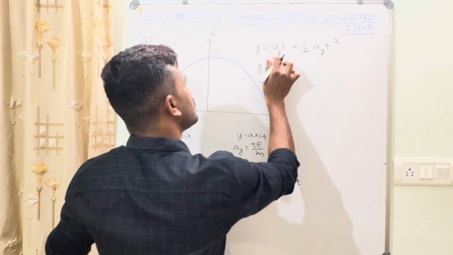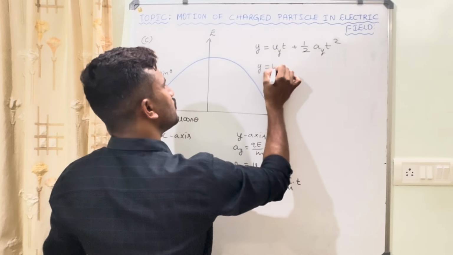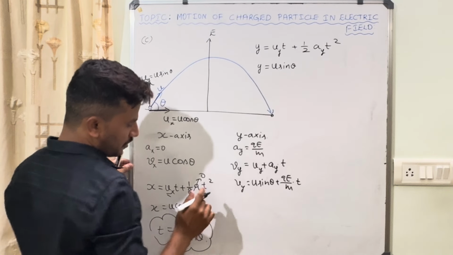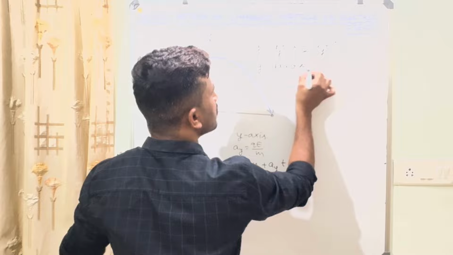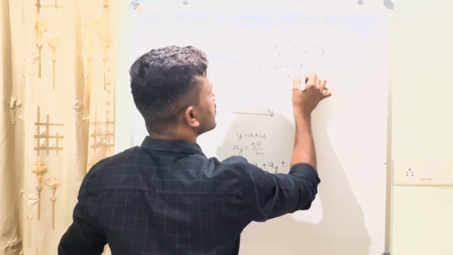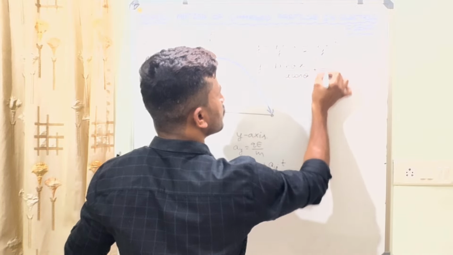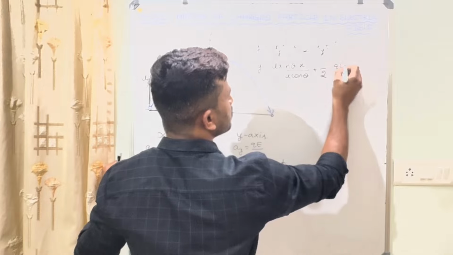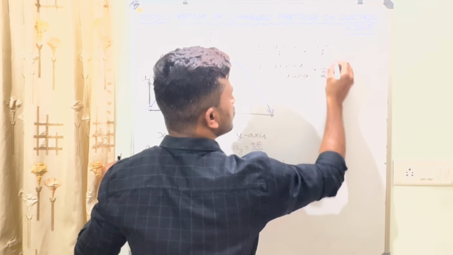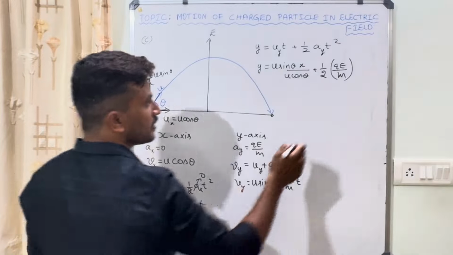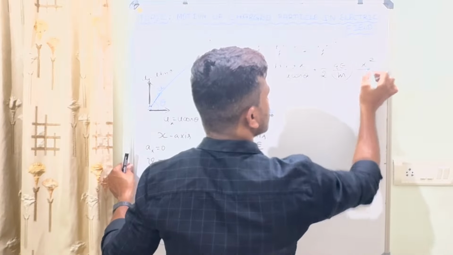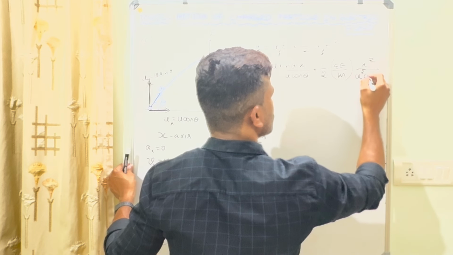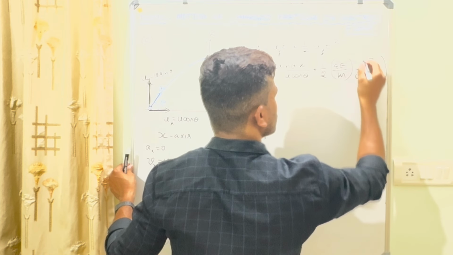Along the y-axis, the initial velocity is u sin theta, and time is x by u cos theta, plus half ay, which is qE by m, into t squared, that is x squared by u squared cos squared theta.